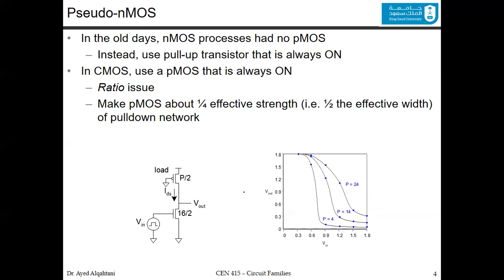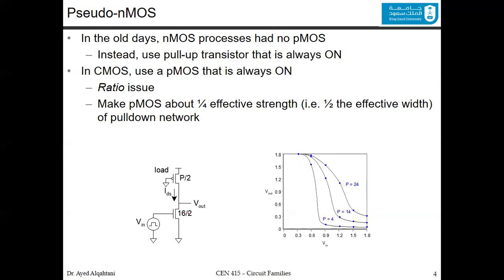So they chose P to be 24 and drew it, and then they reduced it a little bit to 14. This is the result, and then they reduced it to 4, and this is what they got. You can see that the more we reduce the value of P, the better the DC response that we get.